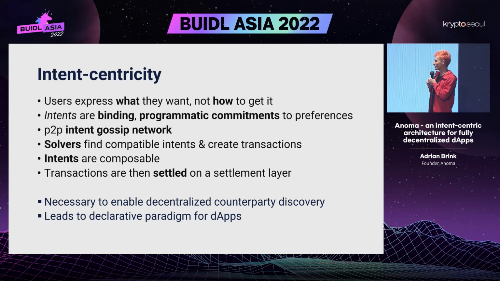This is really the way to think about this. The really nice thing about intents is that intents don't have to be globally ordered, so they don't have to live in consensus, because they're not fully fledged state transitions that have to be reflected globally. There can be a P2P intent gossip network that can have 100 billion intents. And not everyone in the world needs to have the same view of this network.